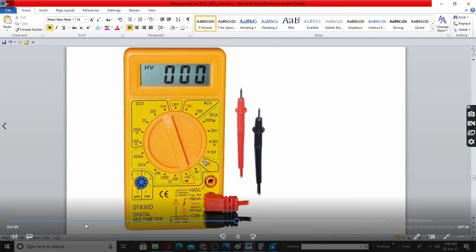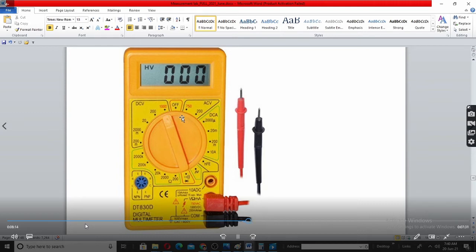When you keep the range here and short these terminals, the multimeter should display 0 and give a beep sound if the speaker is okay and battery power is okay.